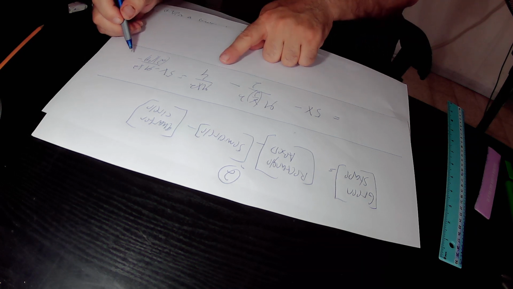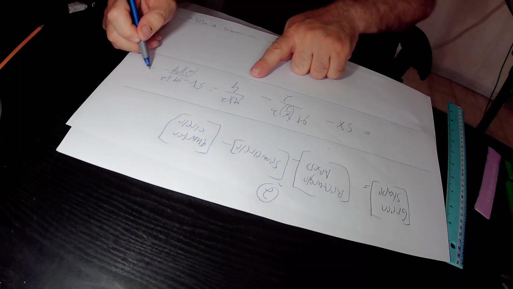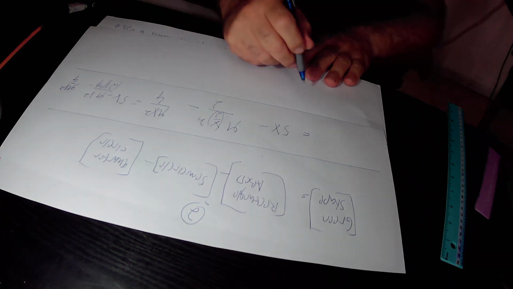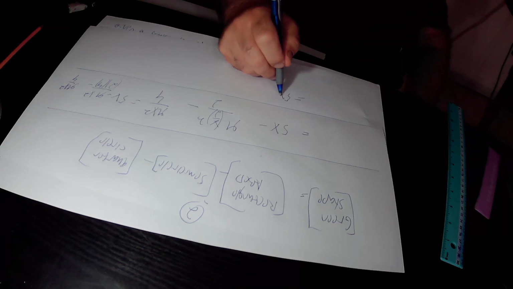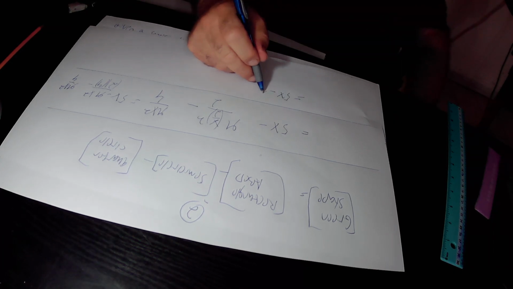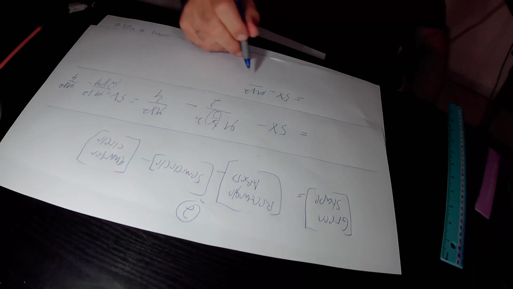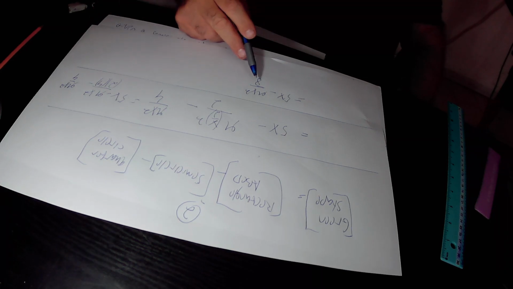Minus pi x squared over 4. So the area of the green shape in total equals to 5x. Here we have minus pi x squared, and the denominator we have 2 times 4, that is 8. So in total, the value of this expression is minus pi x squared over 8.